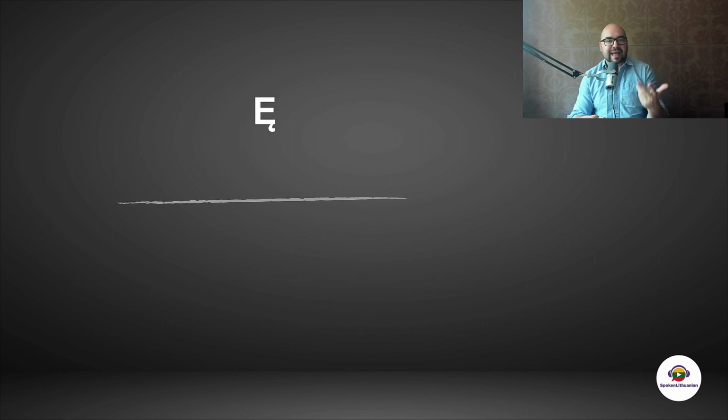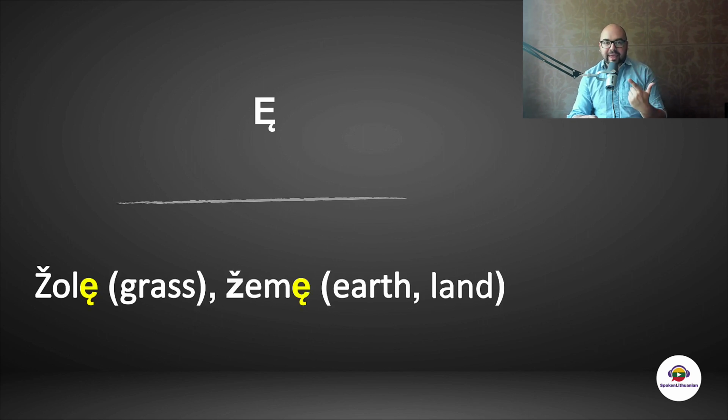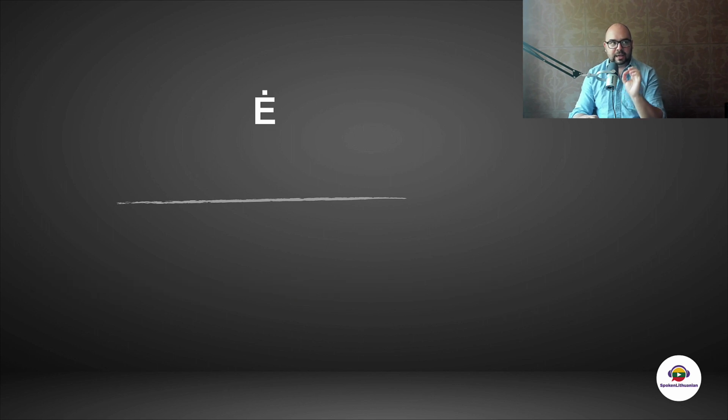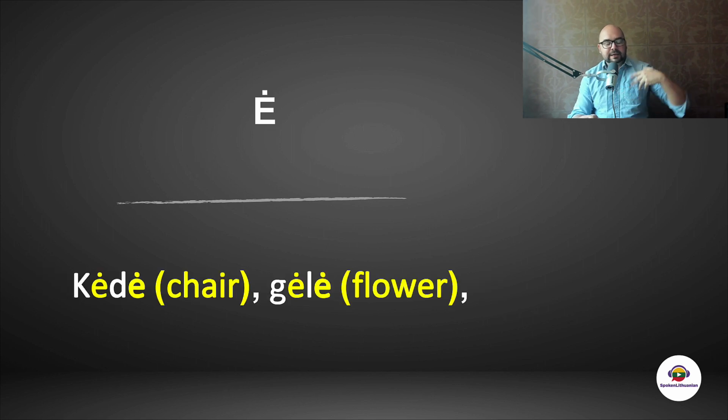Now it's a nasal one, like gėlė. I'm just extending the a. It's the beginning of the a, but I'm extending it. I'm not going into the I sound. I'm just extending the a, right? Kėdė, gėlė. A chair, a flower, kėdė, gėlė.